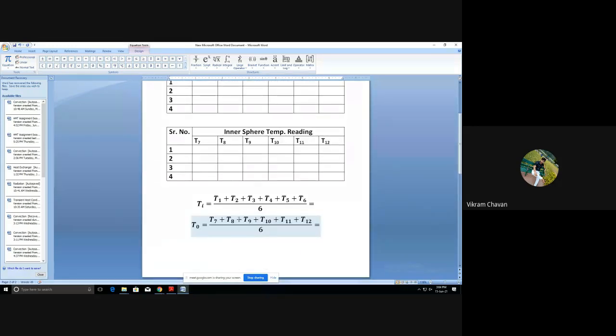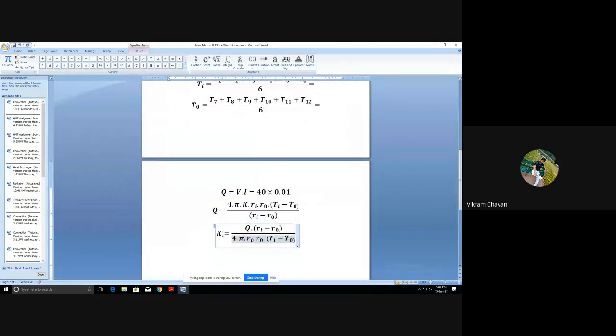So by using this equation, we will get the direct value of K.